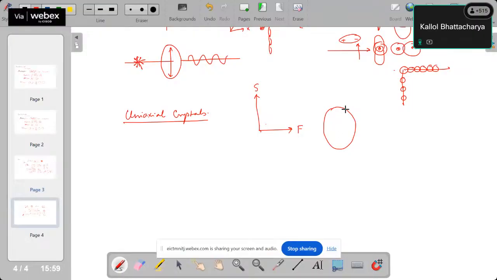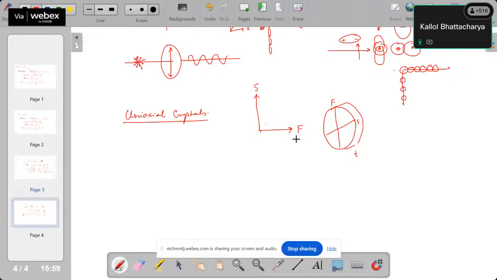It can be a half wave plate or a quarter wave plate or whatever it is. Now this has some thickness, right? Let's say the thickness is t. This is my slow axis, this is the fast axis. I cannot possibly go much into birefringent materials, but this is in a nutshell what you need to know.